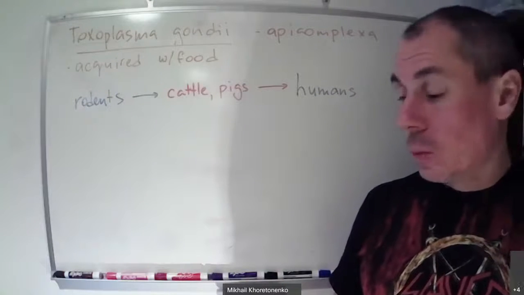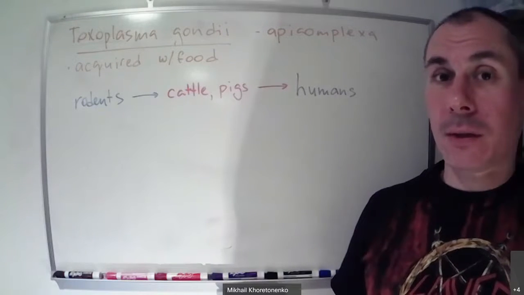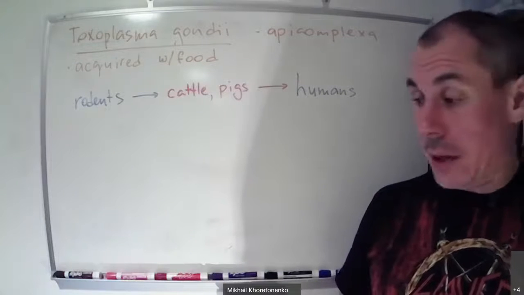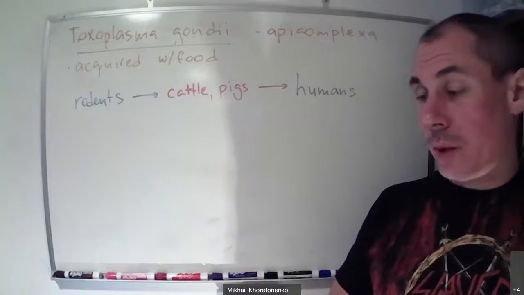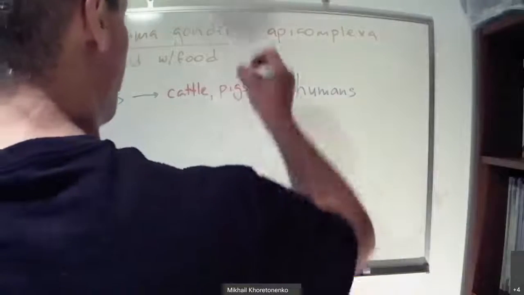So what is it going to do to you if you are an immunocompetent individual? Nothing. Literally nothing. You can be infected with Toxoplasma and have no symptoms whatsoever. What can it do to you if you are immunocompromised?